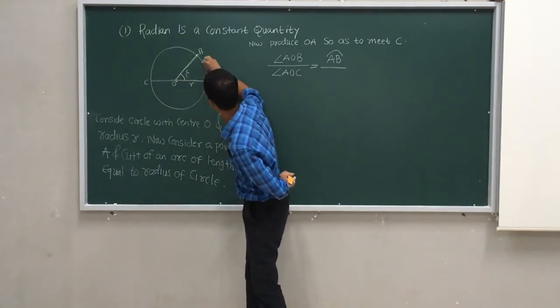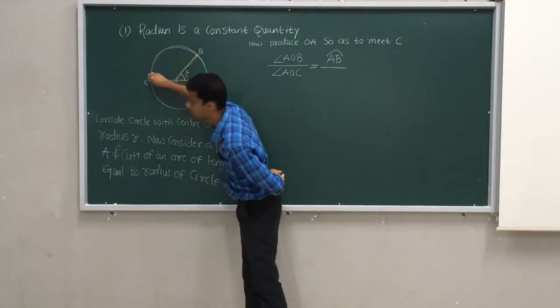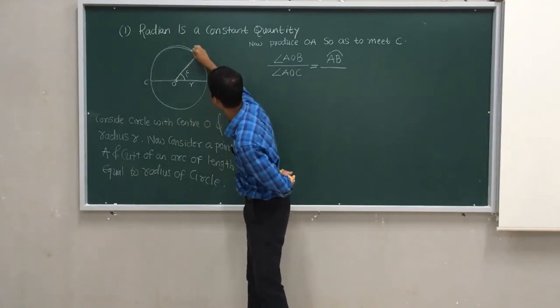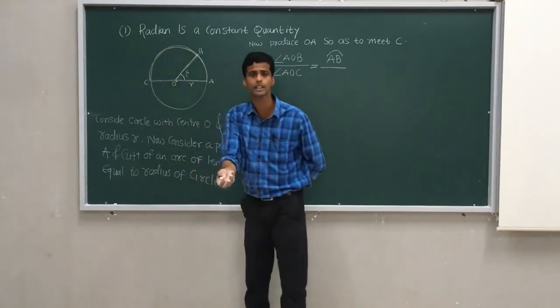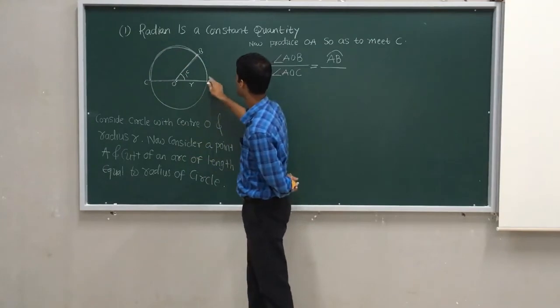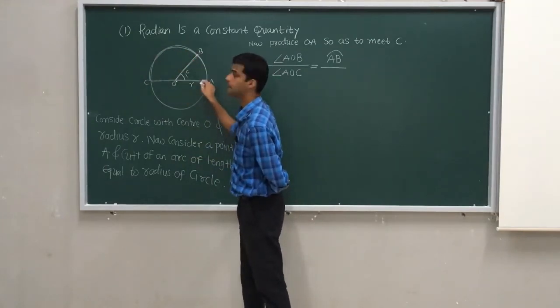You may call it an ABC arc, or directly an AC arc, whichever you feel comfortable with. I will usually call it an AC arc. This is an AB arc.